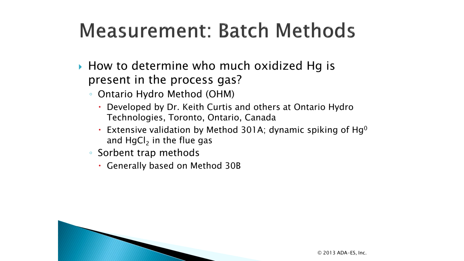There are batch methods for measuring mercury. There's a number of wet impinger-based methods, including the Ontario Hydro method, Method 29 as well. And then there are dry batch methods, sorbent trap methods, we call them.